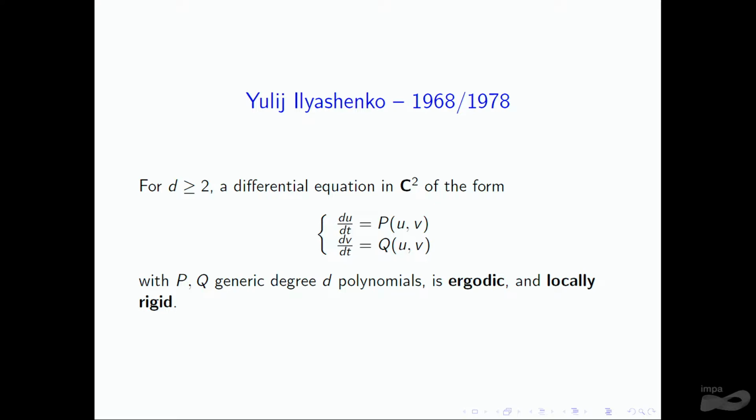So what Ilyashenko proved is that, more than the fact that the orbits are dense, the differential equation is ergodic, which means that you cannot find even a measurable function in the U, V variables that is constant on the solutions and that is not constant globally. So that is the meaning of ergodicity.